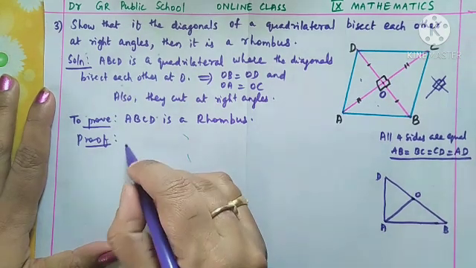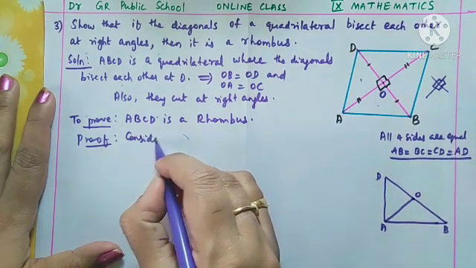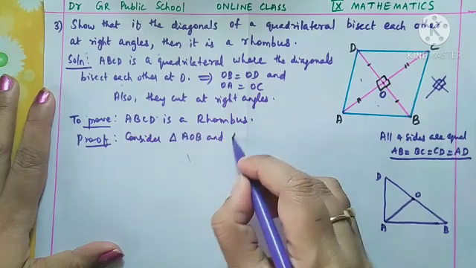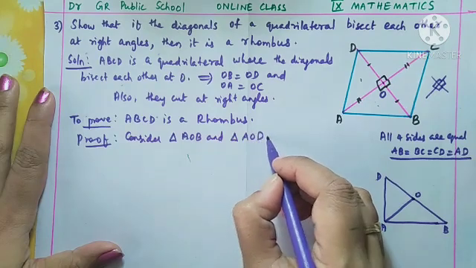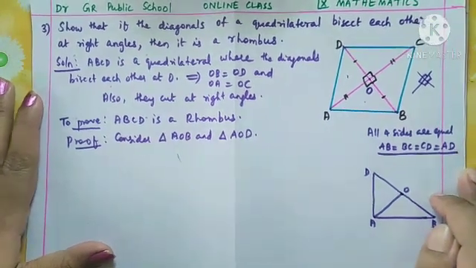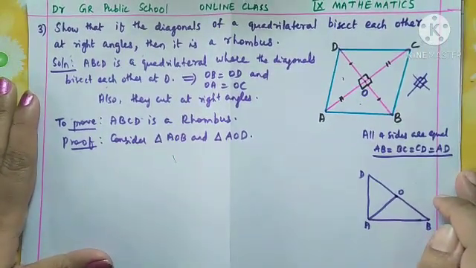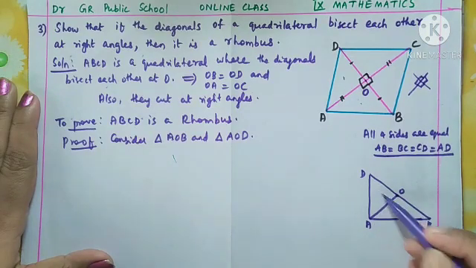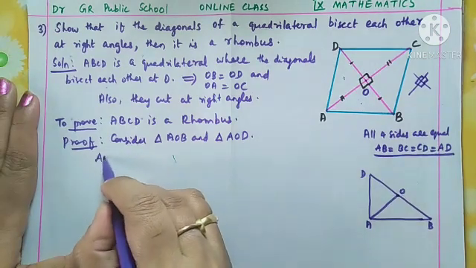Okay, so first consider triangle AOB and triangle AOD. Yes, now from this what similarities can you find out, you want to collect that. Then only we can apply congruence rules. So here can you say this OA is the common side of these two triangles? Yes. So that is the first thing we got.